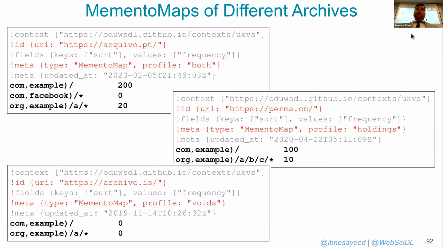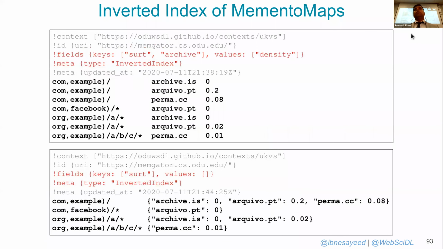With these scores defined, here are three different memento maps. One that has both holdings and voids. The other one has just holdings, and the third one has just voids. We can combine these memento maps together into something called an inverted index. These two are the same thing in different variations.